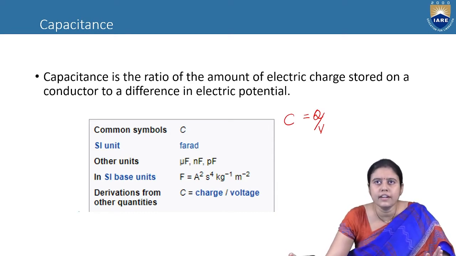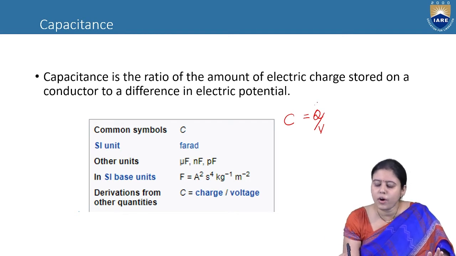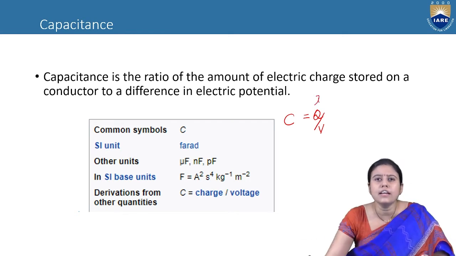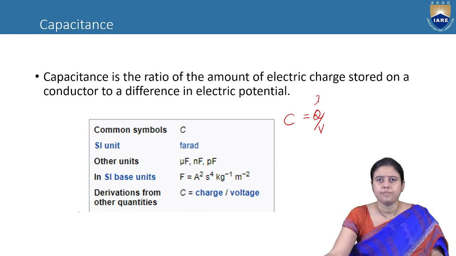Capacitance is the ratio of the amount of electric charge stored in any conductor to a difference of the electrical potential. So C is the capacitance, Q is the charge, and V is the potential. So this is known as the capacitance.